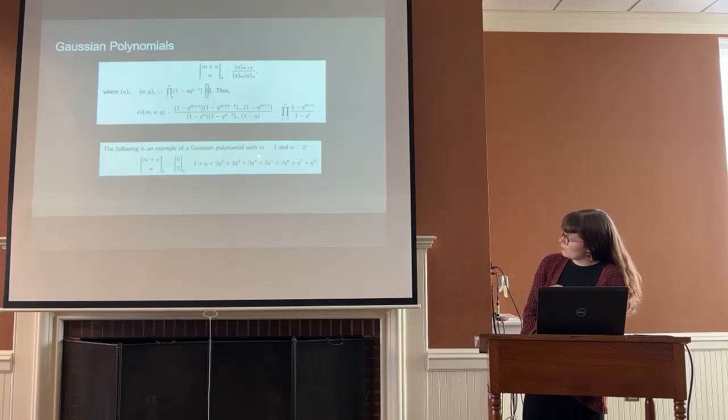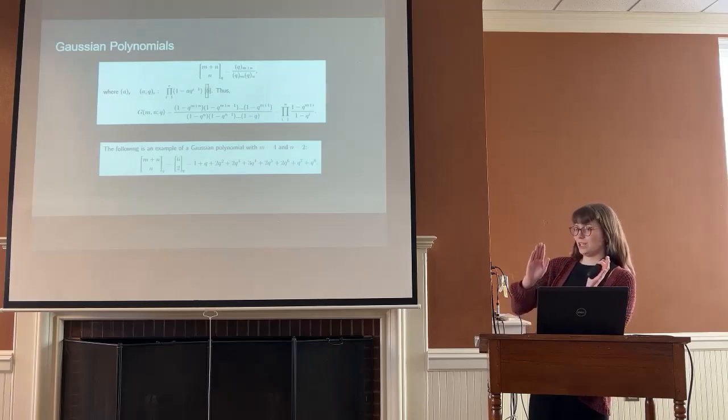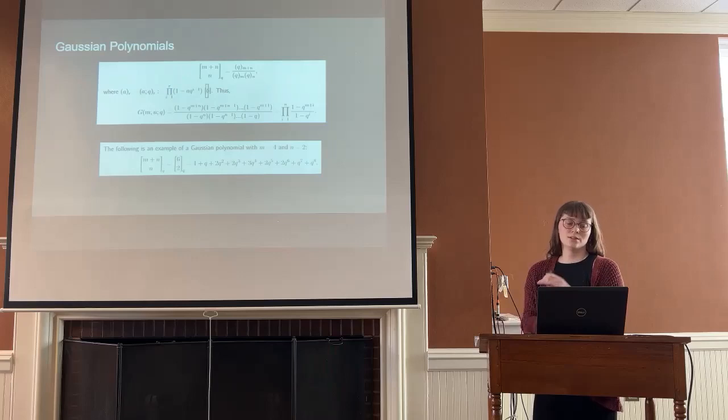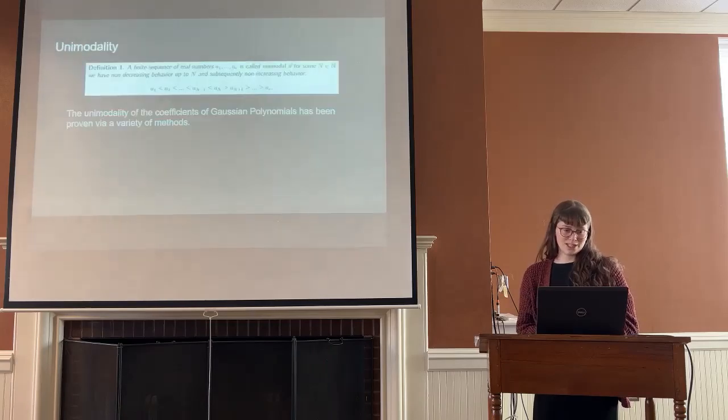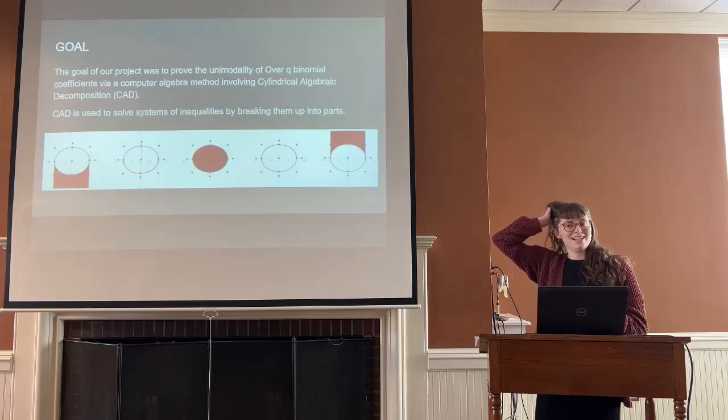They would take half of the polynomial, break it up into a system of consecutive inequalities via the CAD, and then they use that to prove the whole polynomial was unimodal for any m and n. So my goal was to do the same for over Gaussian polynomials.